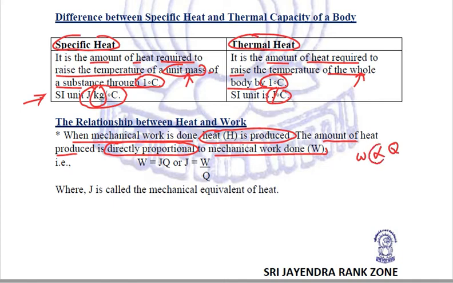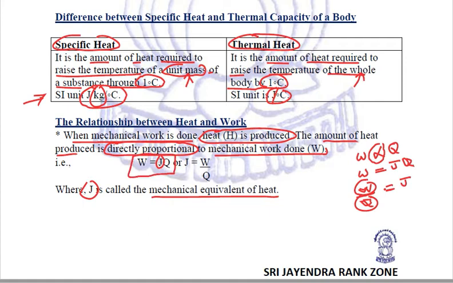In order to remove this proportionality, we use a constant which is J. So it comes to be work done is equal to J into Q, or we can rearrange the equation and write J is equal to W upon Q, where W is the work done, Q is the amount of heat produced, and J is called the mechanical equivalent of heat. So this is the relation between the work done and the heat produced. Clear?